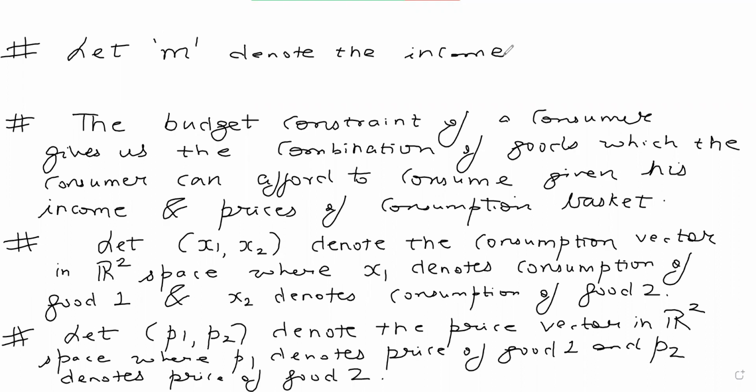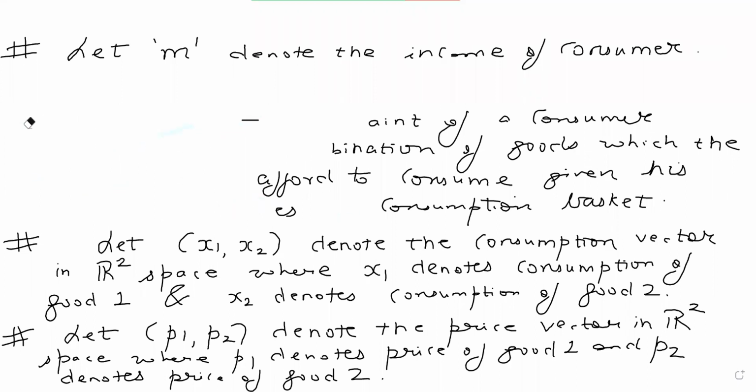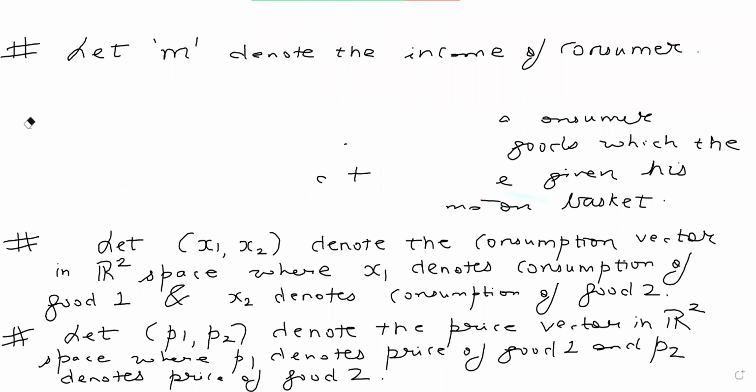This income is earned by the consumer in a particular period. Think of it as monthly income. So let M denote the income of the consumer. Then what is the equation of the budget constraint? So I can erase this particular part now. And we can write, so I'm defining the equation of the budget constraint now.